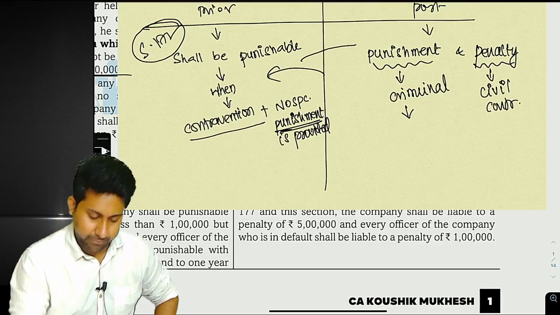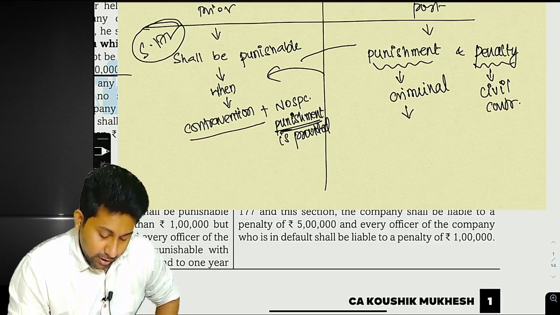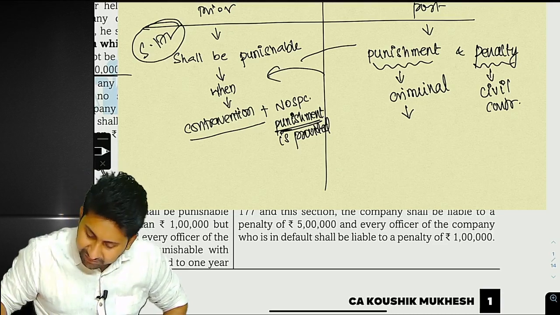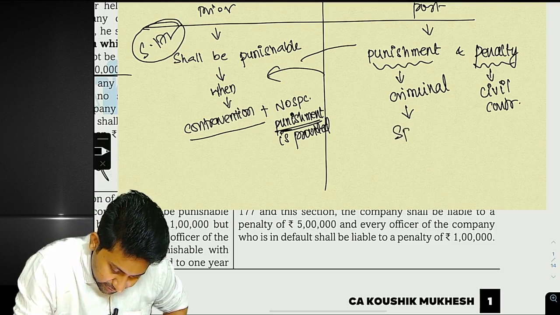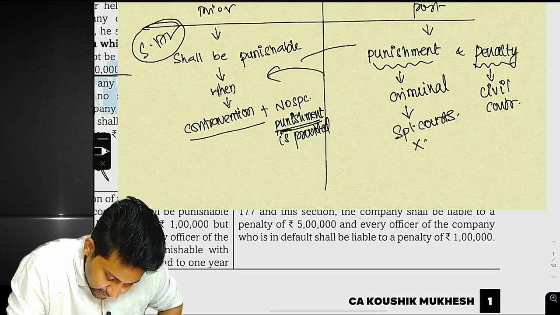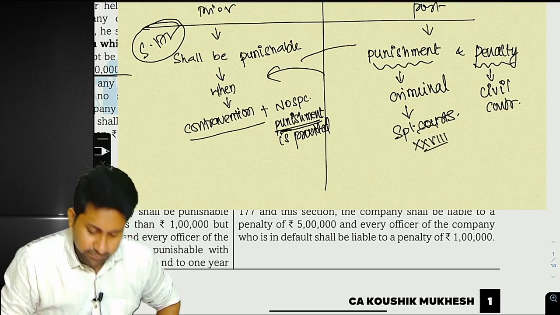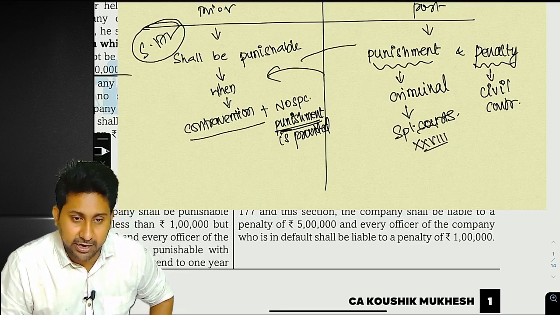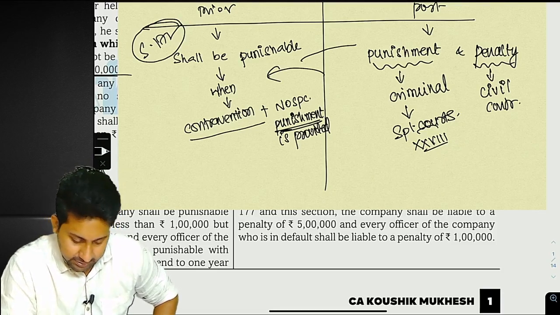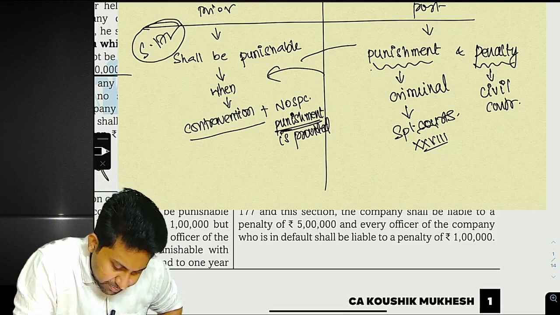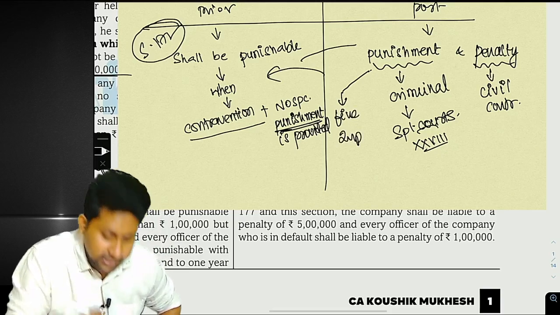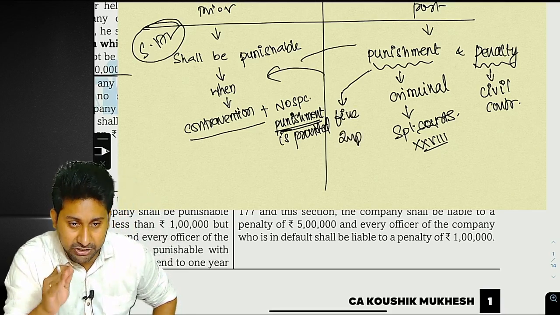So punishment of a criminal nature will be levied by the special courts under chapter number 28. The 28th chapter will be levying the criminal punishments. Criminal punishment means what? Fine and imprisonment. These two are called punishments.